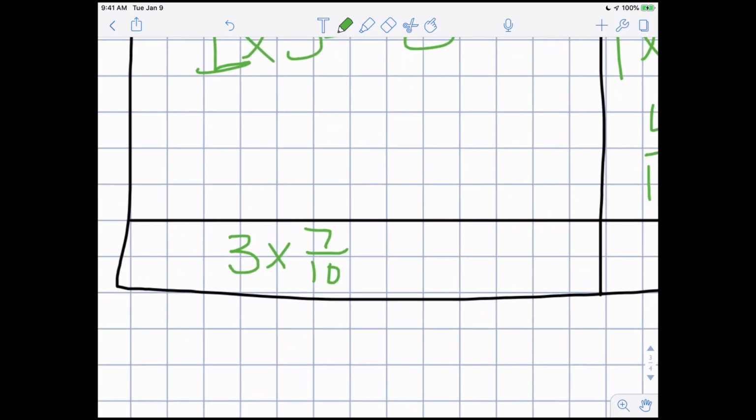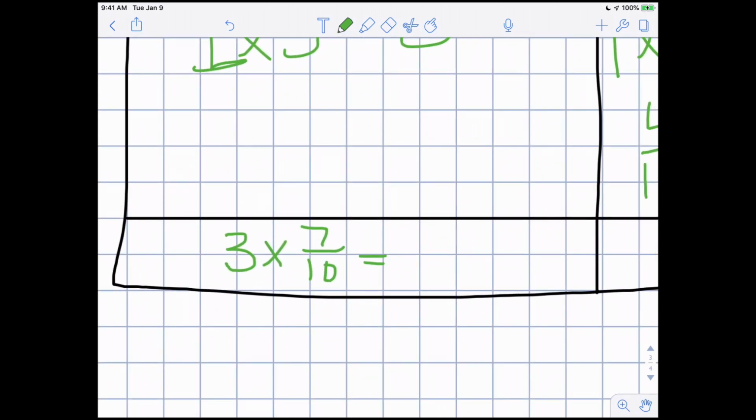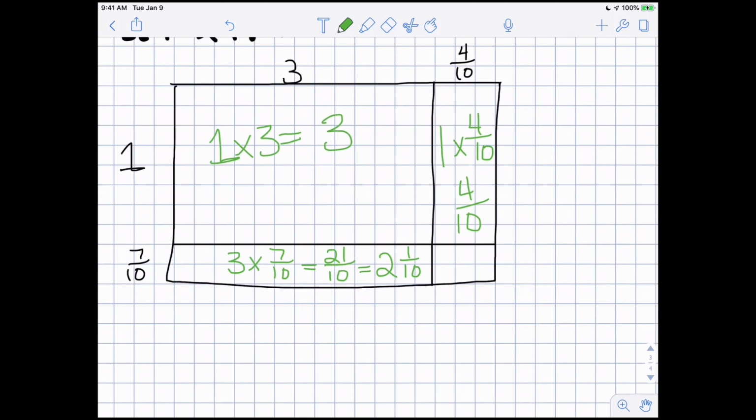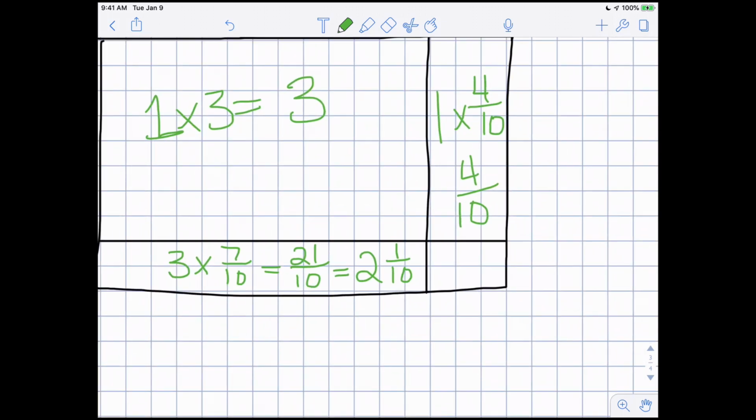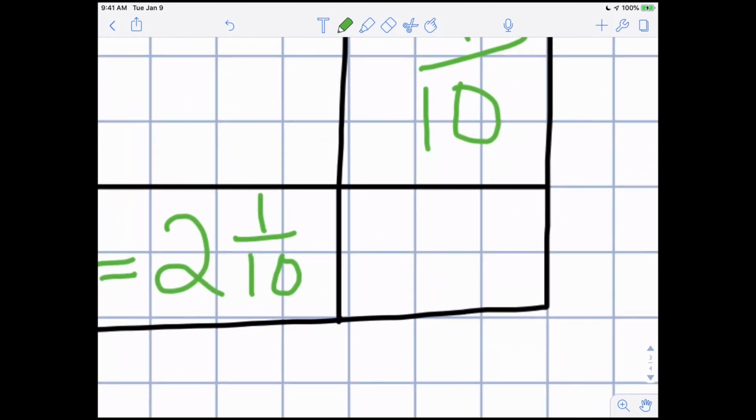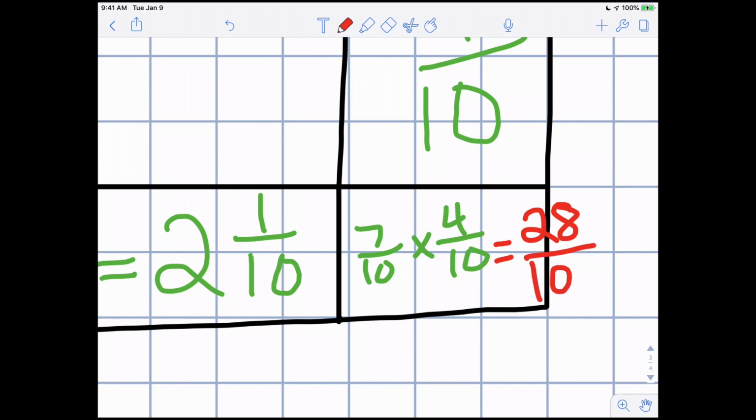So that means we have 3 copies of 7/10, which means that's 21/10, which is 2 and 1/10. And then lastly, this little rectangle right here is 7/10 by 4/10, which is equal to 28 hundredths.